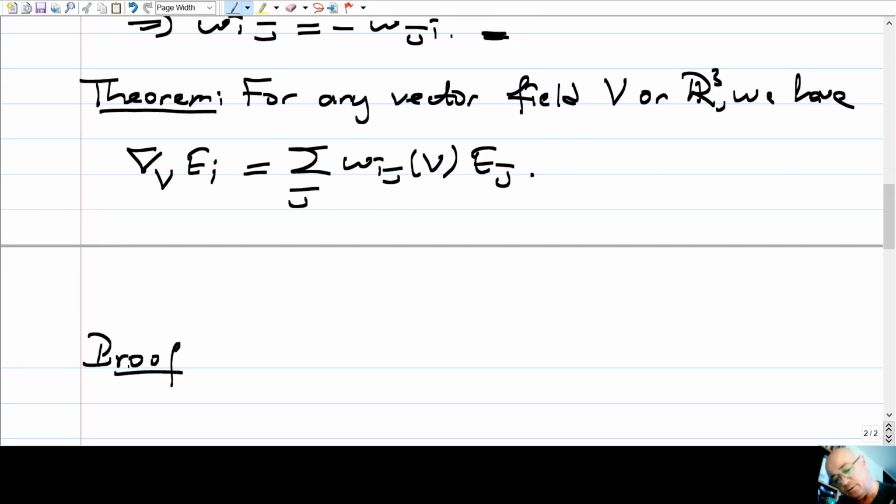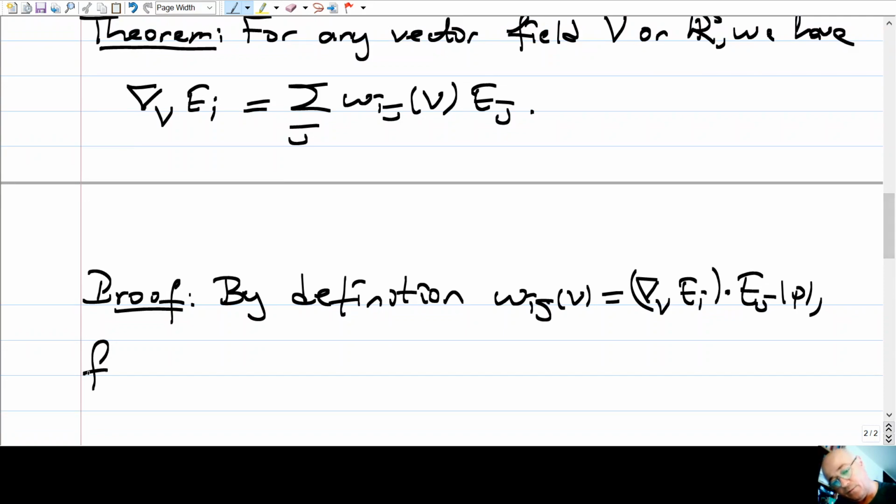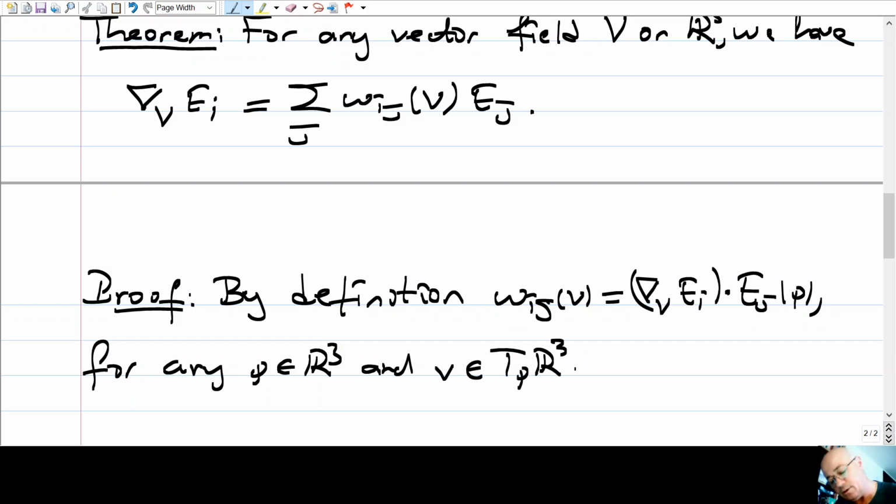This is, of course, almost trivial. Well, by definition, we have this: omega ij of V is equal to the covariant derivative of Ei dot product Ej at P, for any P in R3 and V in the tangent space.